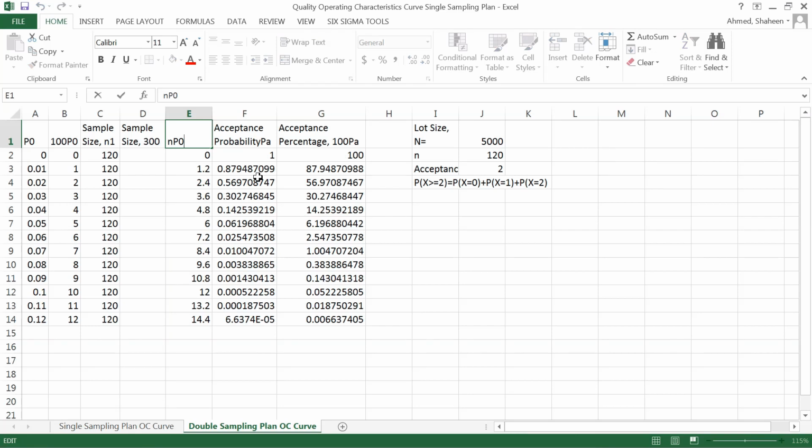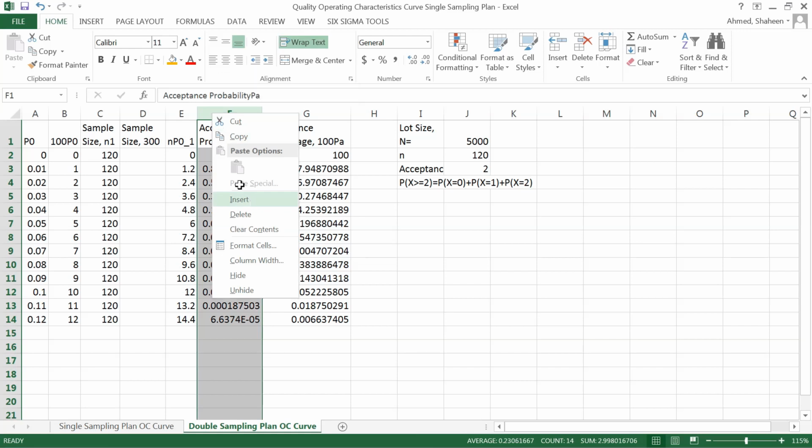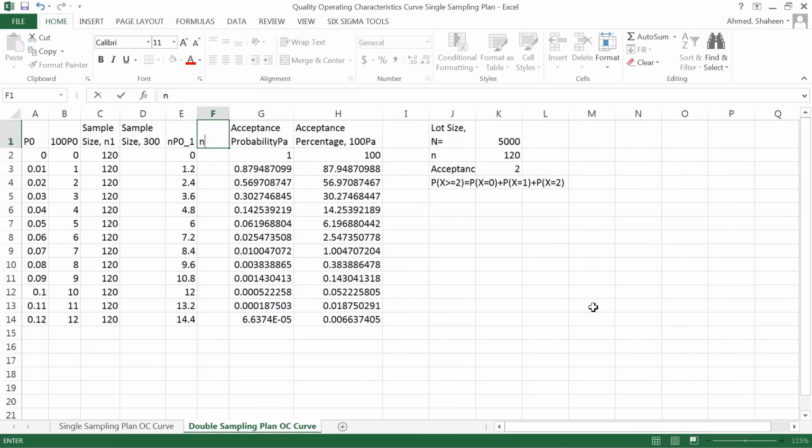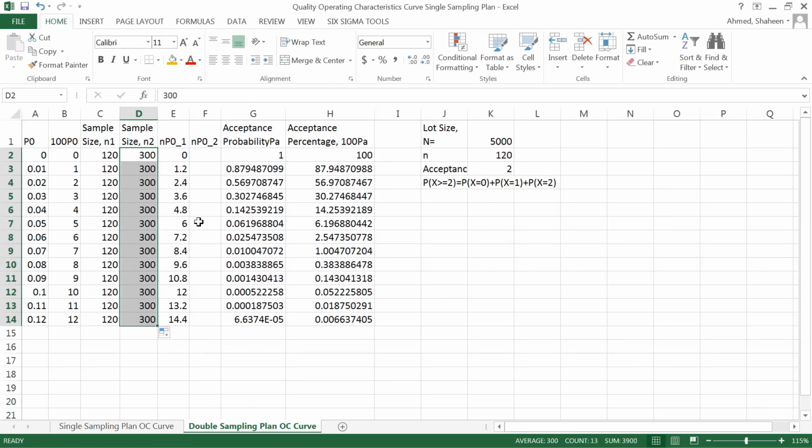So this would be the mean defective in the first sample. I'm going to write mean defective in the first sample like that, and then we're going to need another one, mean defective in the second sample. So this is the 300 sample size. Instead of 300, I actually wanted to write n2, not really 300.